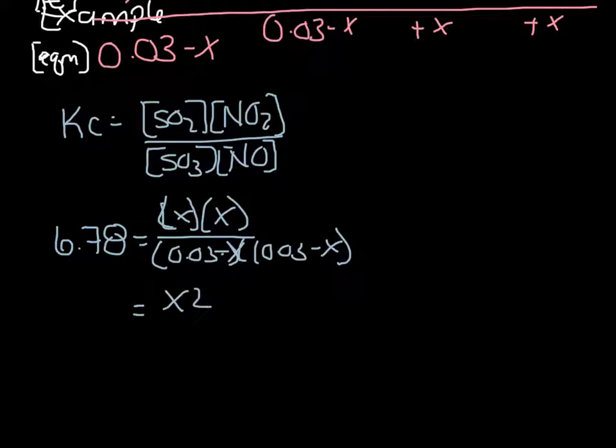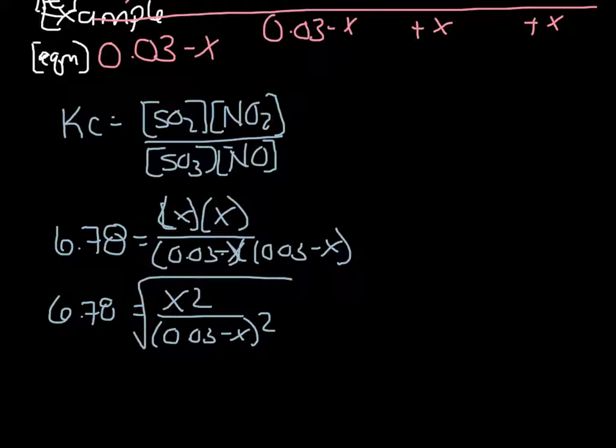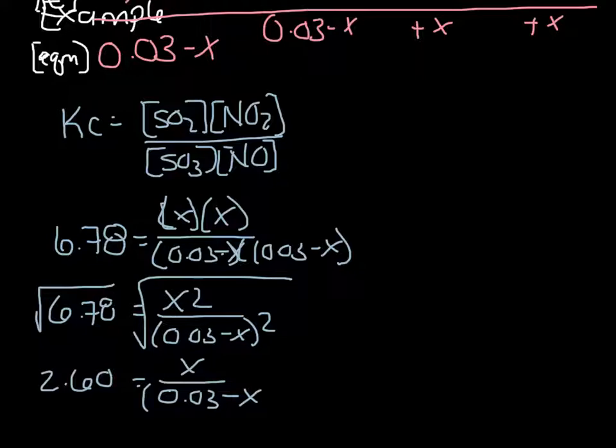So we have X squared over 0.03 minus X squared. We can then take the square root of that answer and the square root of 6.78. When that occurs, we get 2.60 equals X over 0.03 minus X.